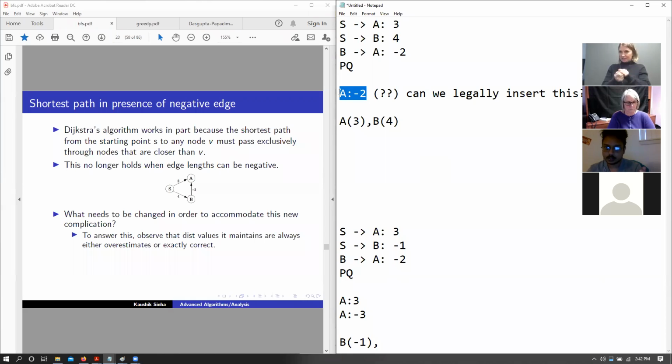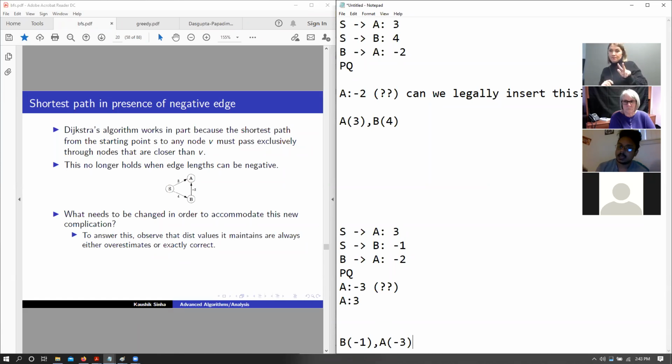But can we insert this A equals -3 into this particular priority queue? Yes, because A has not been visited yet. And since it's a priority queue, this value of A goes above, and we get a value of A equals -3. We pop out A and we get a value of -3.